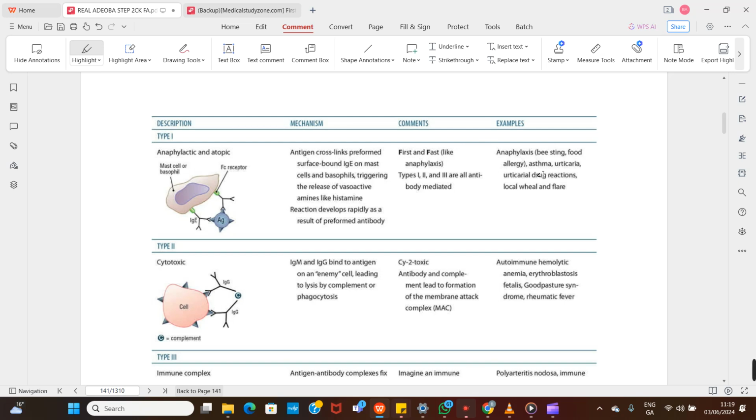Asthma is another atopic disease that can happen from type 1 hypersensitivity. So here they will be having more of their wheezing, their difficulty in breathing, the shortness of breath, because of exposure to some particular antigen that induces the IgE cross-linking.